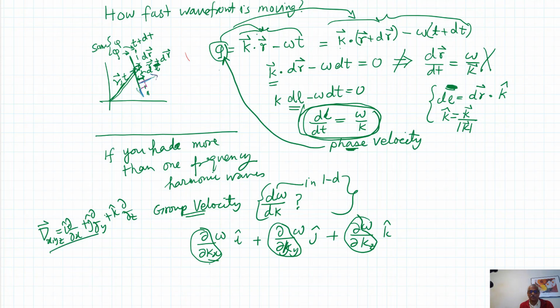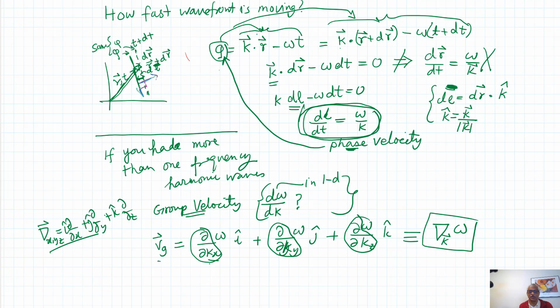So I could actually be fancy and say it's kind of like del, but in the k space of omega. So this is a shorthand way of writing the group velocity vector.